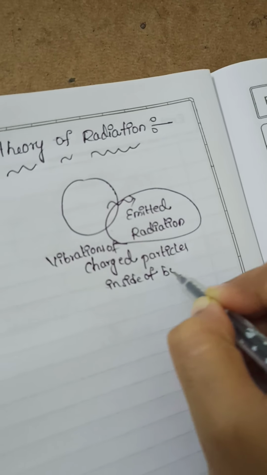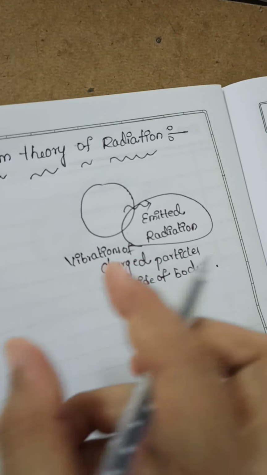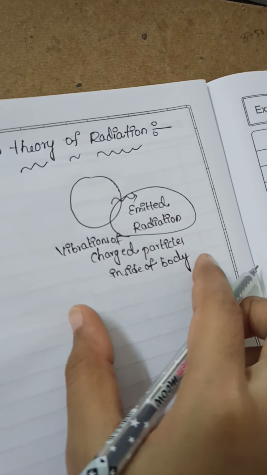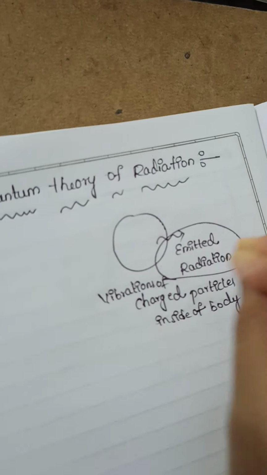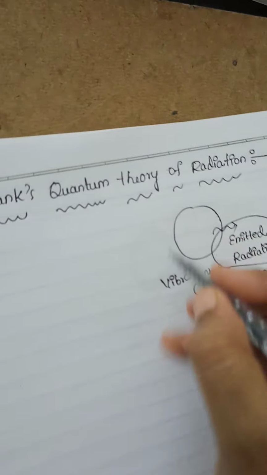Planck is saying that only because of the vibration of charged particles is the emitted radiation possible. So this is our first postulate.